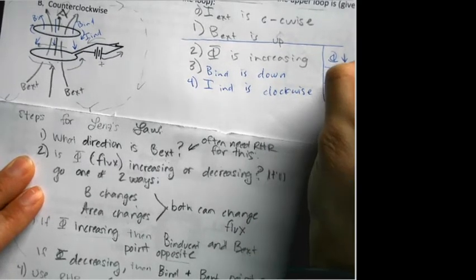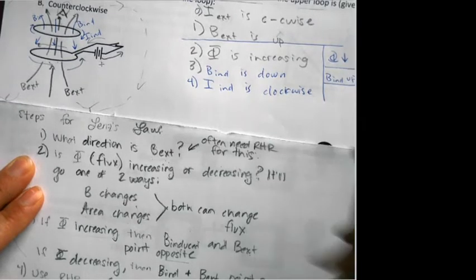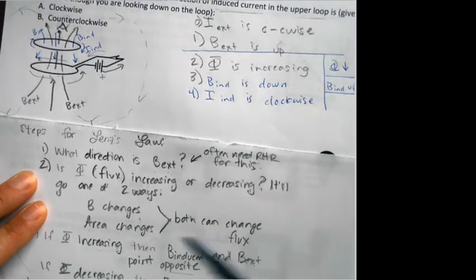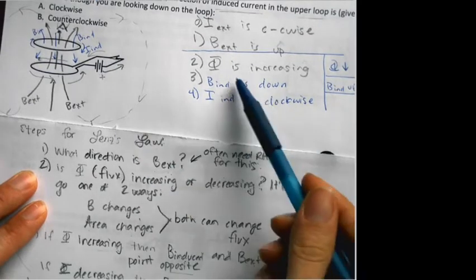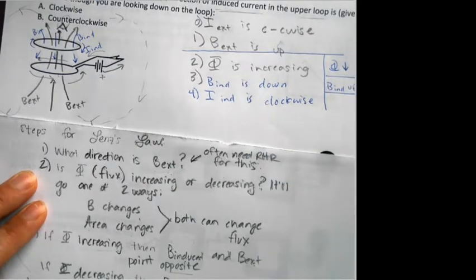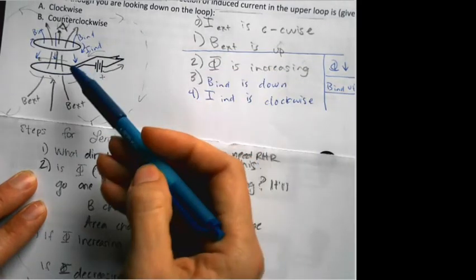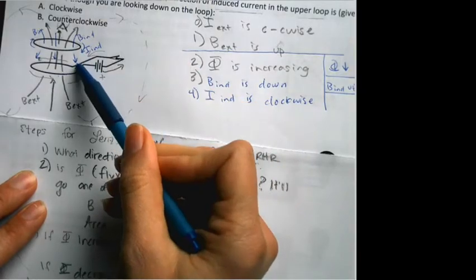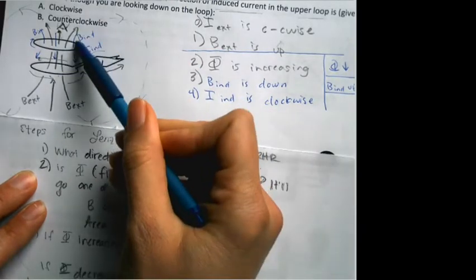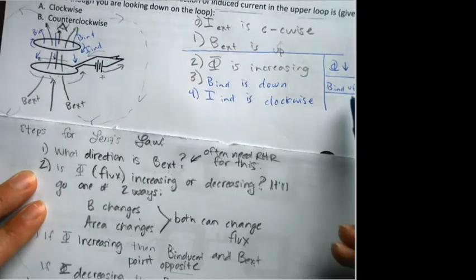So B induced is up. Lenz's law says that the induced current and field will oppose the change. Because the flux is weakening, nature wants to reinforce what it used to be like. So that would make the magnetic field, instead of these down arrows, point up, as I said here.